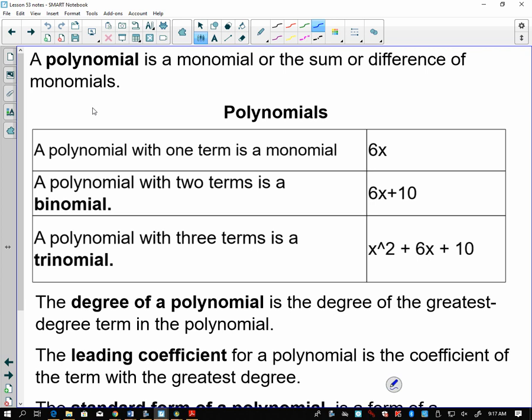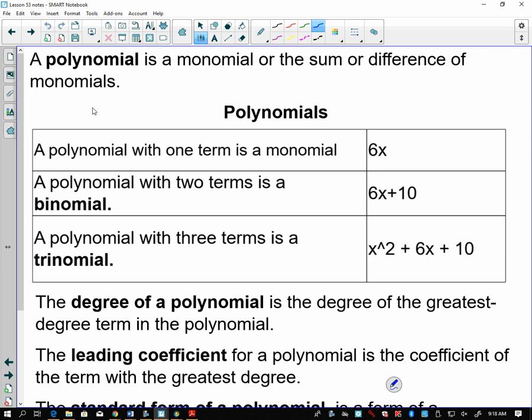The leading coefficient for a polynomial is the coefficient of the term with the greatest degree. So let's look at what is the coefficient of the monomial that you see in the chart. What's the coefficient? 6. Okay. What is the leading coefficient of the binomial?